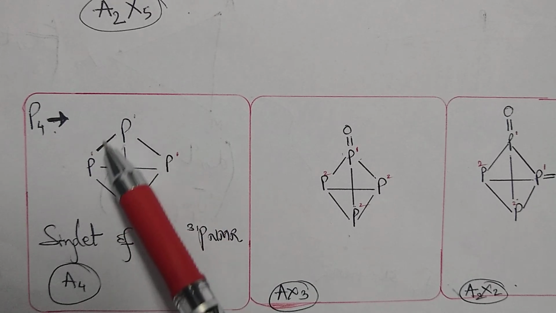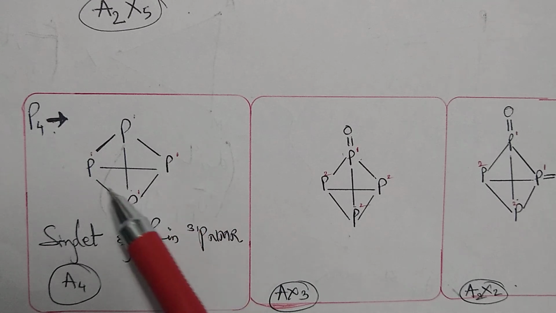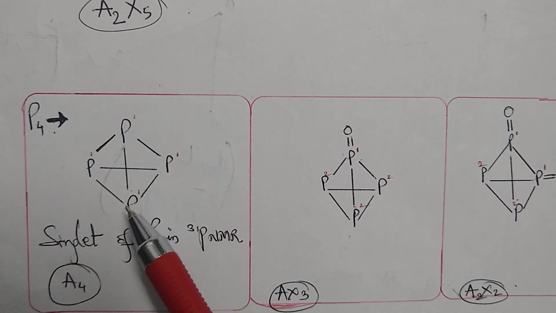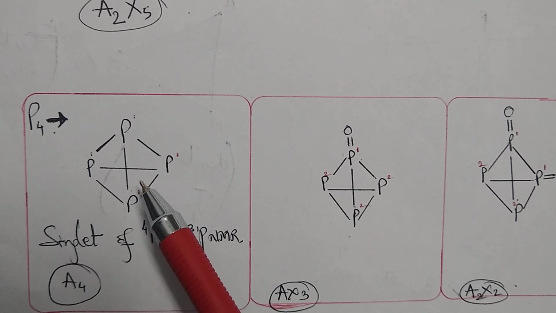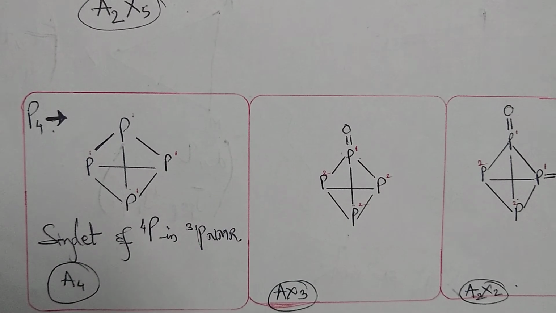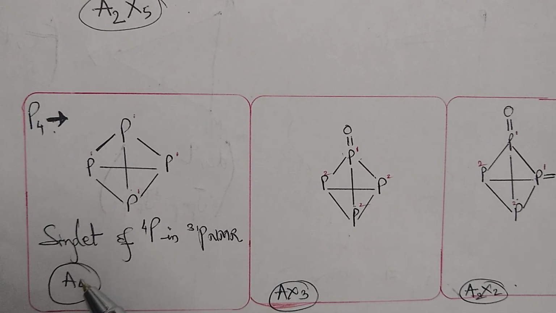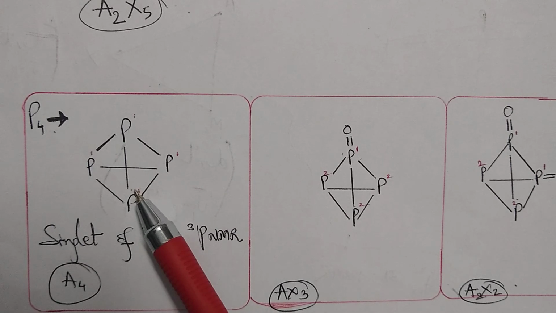So all these phosphorus are in the same environment, and they are all of similar kind of spin. So 4 phosphorus will give a singlet signal in 31P NMR. Now coming to the Pople notation, we will have A4 for this molecule.